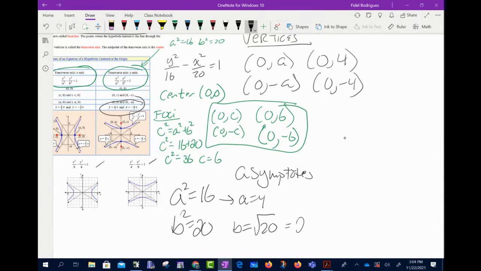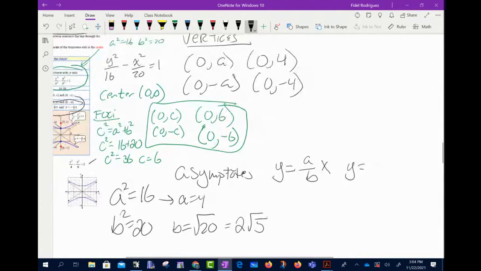Yeah. Because it's 4 times 5 and we know the square root of 4 is 2, right? Okay, so this is what we're going to do, y'all. We're going to write out this. y equals a over b x. And there's another one, y equals the negative of a over b with an x.